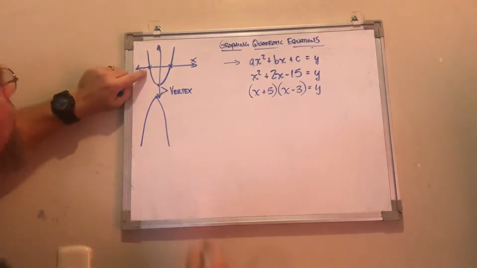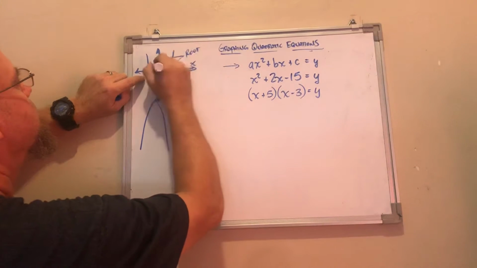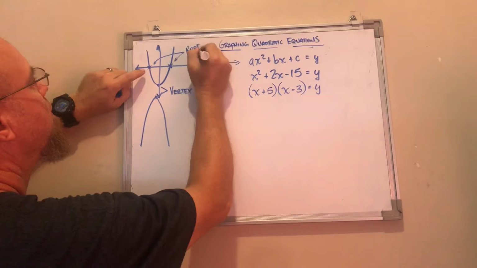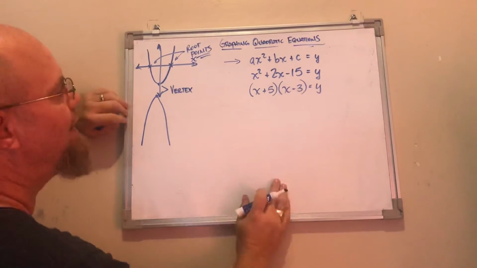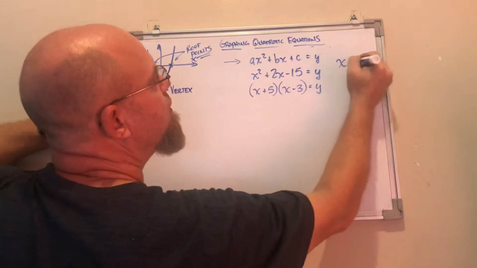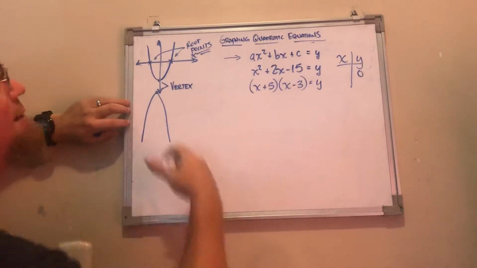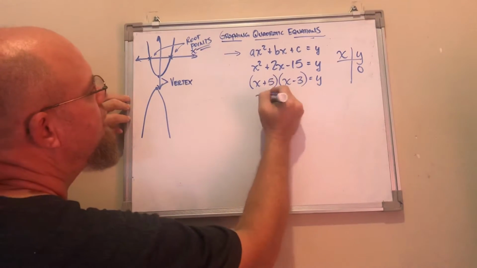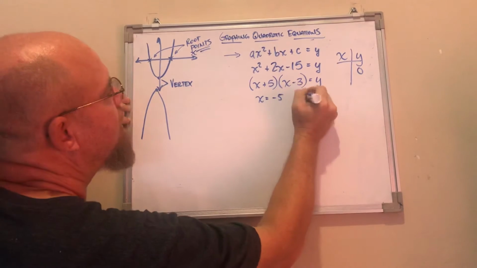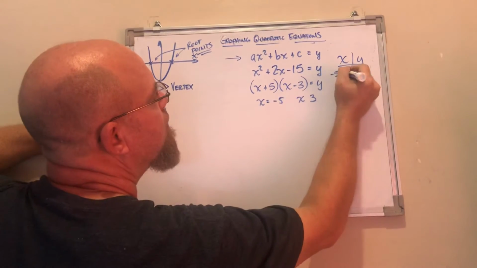And in order to find our root points, we set y to equal 0. So we put our little grid over here. What does x equal when y equals 0? Well, x is going to equal either -5 or +3. So we plug those in here.